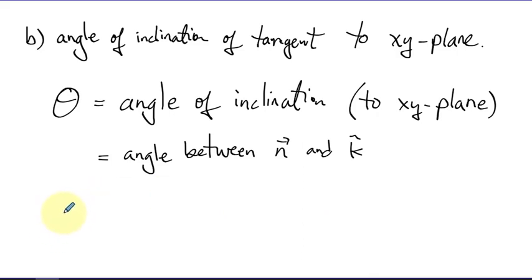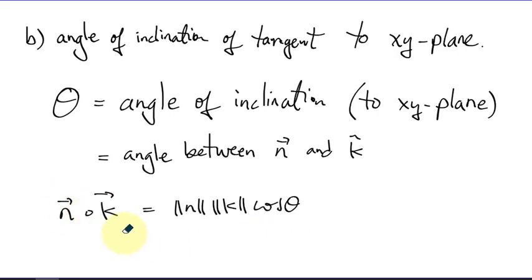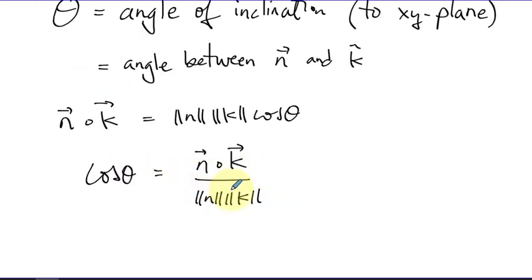We'll just use that the dot product of n and k is the magnitude of n and the magnitude of k times the cosine of the angle between those two vectors, and solving for theta. This would generally find the angle between any two vectors, but if you want the angle between two planes, you only need an angle up to 90 degrees.